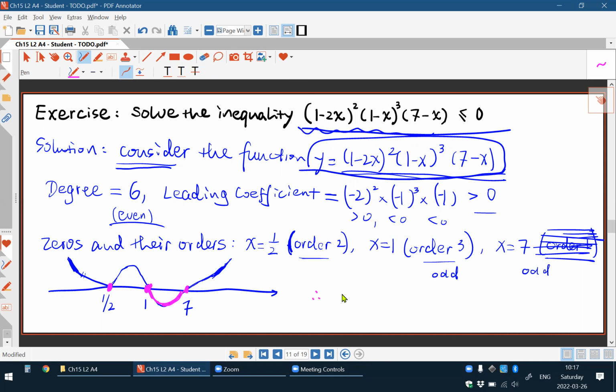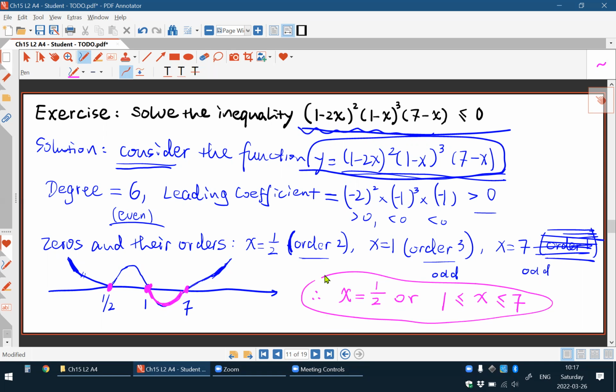Therefore, we can know that the solution is actually x can be 1/2, or x can also be within 1 and 7 inclusive, right? This is our final solution.